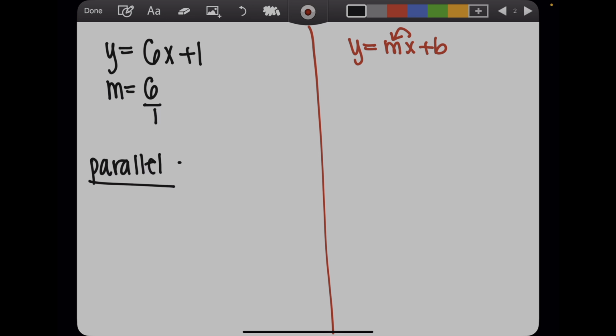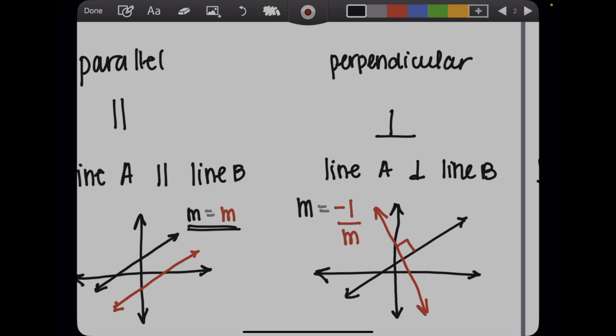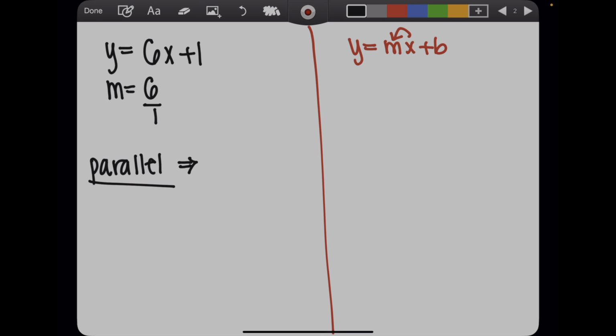Now, if we want to see what the slope of a parallel line to it would be, we must remember that two parallel lines will have the same slope. So a parallel line to this equation would have the same slope. However, if we wanted a perpendicular line, it would be a little different.